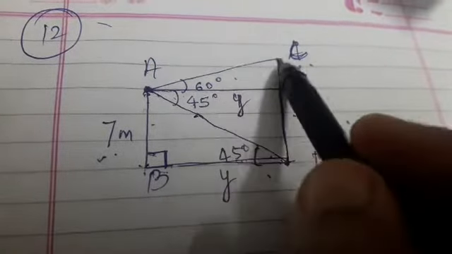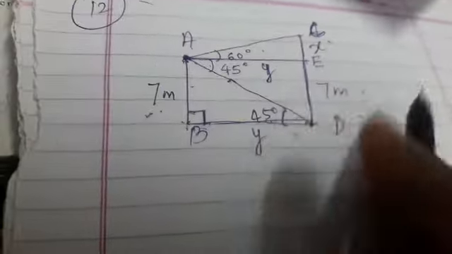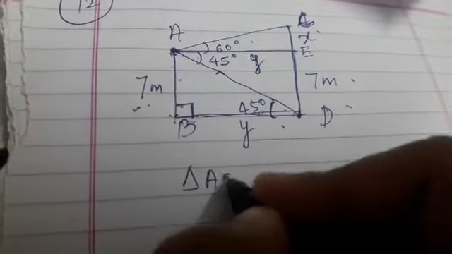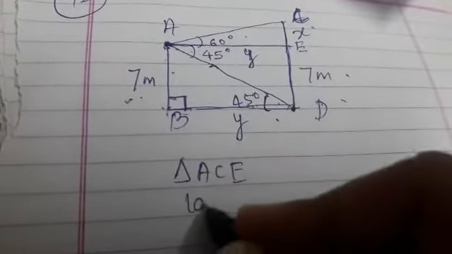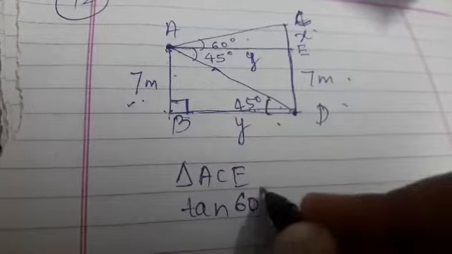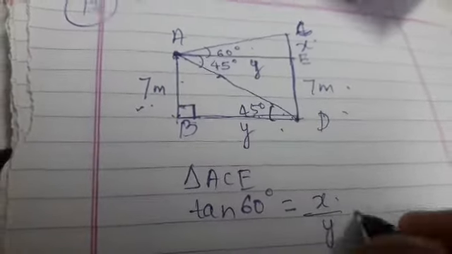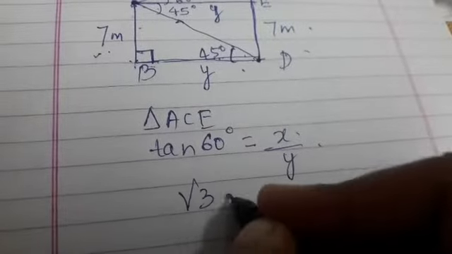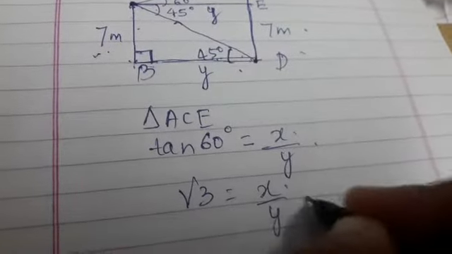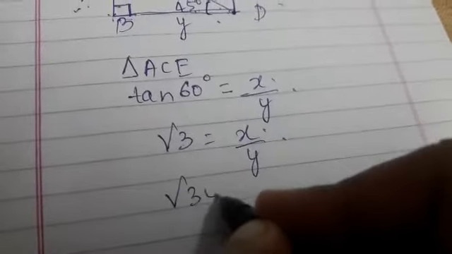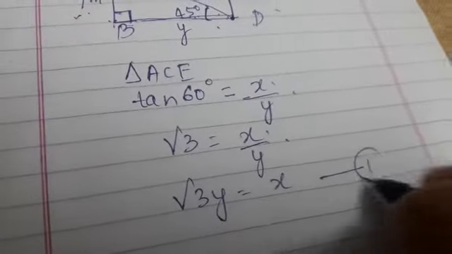Now we take the triangle ACE. Tan of 60 degree will be equal to X by Y. Tan 60 is root 3, so root 3 is X by Y, or root 3 Y is equal to X, equation 1.